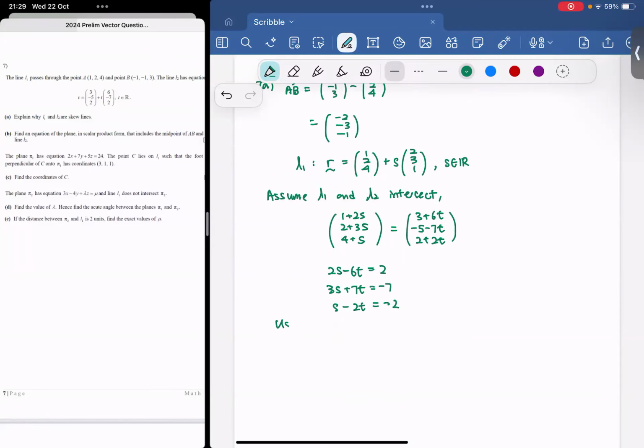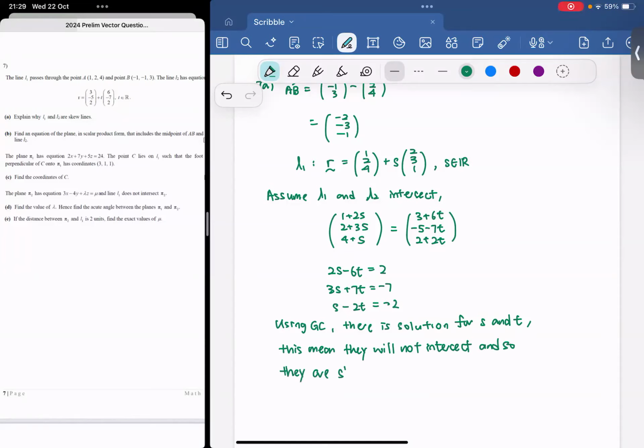Then you say using GC, there is no solution for s and t. So this means they will not intersect, and so they are skew lines.